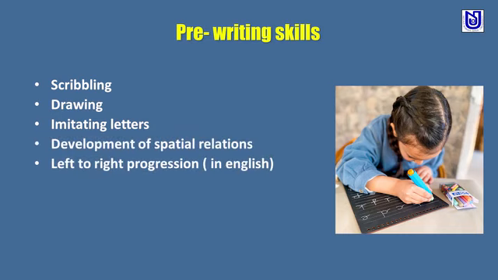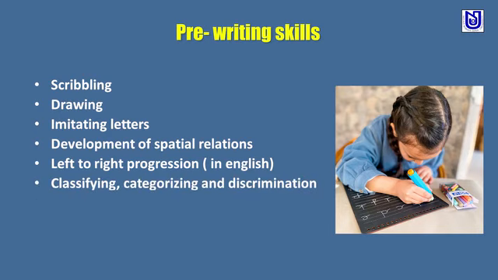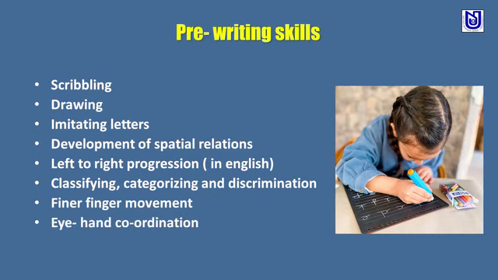And then they understand the progression from left to right and the spatial relations also. And then they understand the classifying, categorizing and discrimination of different alphabets. And in maturity, they develop finger movement, eye-hand coordination. So this is what leads to a person being ready and able to write.